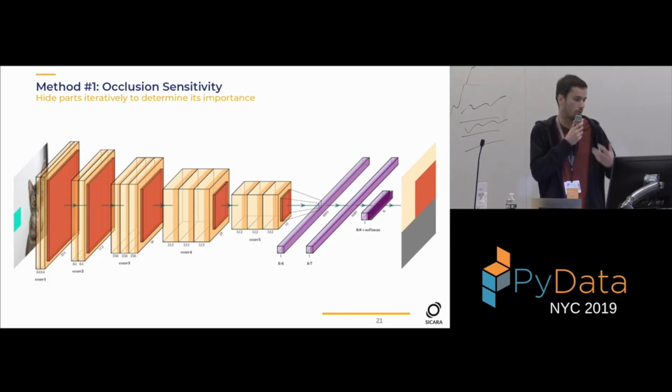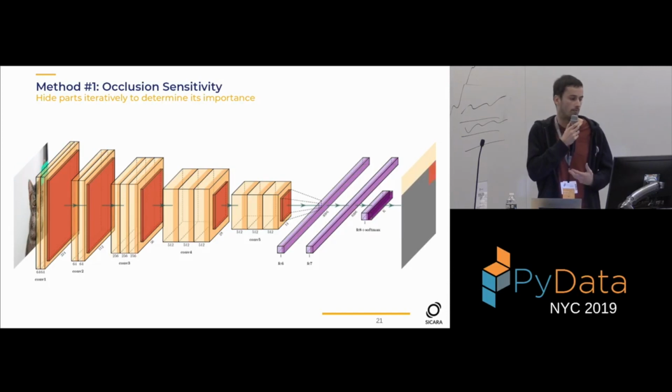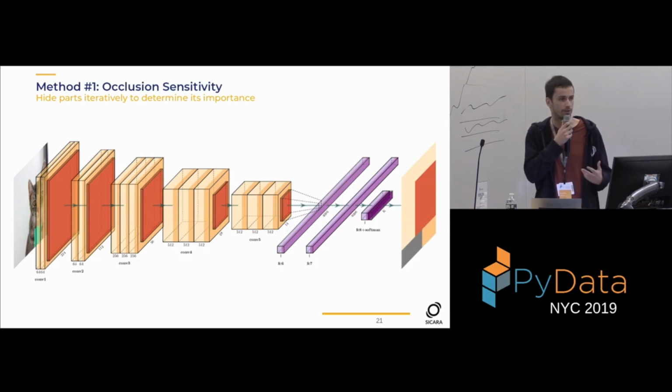Because what you want to say is, okay, if I hide some part of the image and that makes a significant drop in the confidence, it must be because this particular part of the image is important to the model to take its decision. So you just hide successively and build a heat map corresponding to the confidence outputted for this patched image.